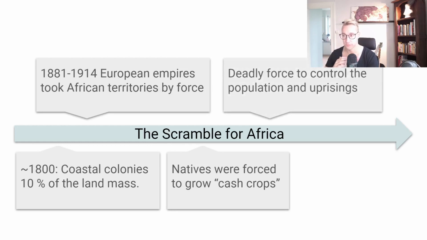Eventually, a lot of uprisings occurred. The natives, of course, wanted to reclaim their land and they did not want to be oppressed. But as I mentioned, the colonizing countries used deadly force to suppress these situations.